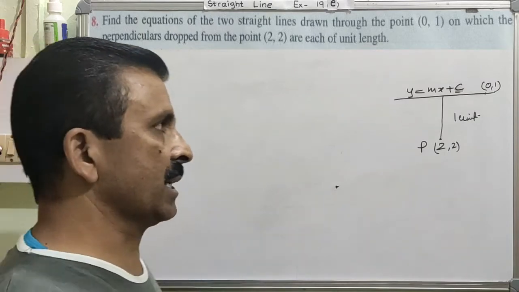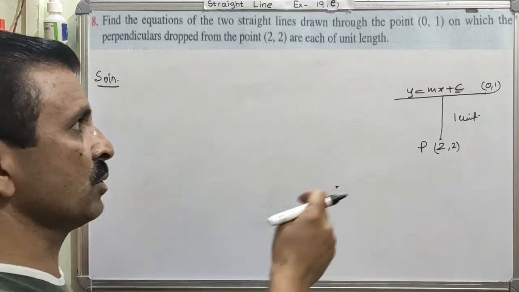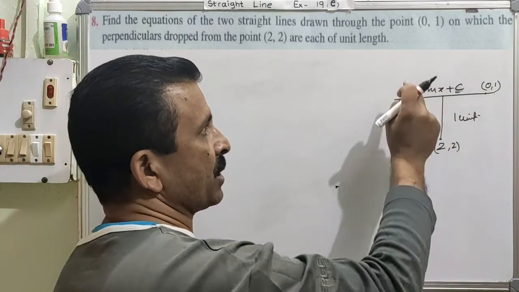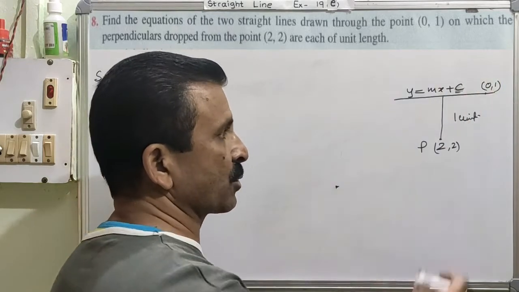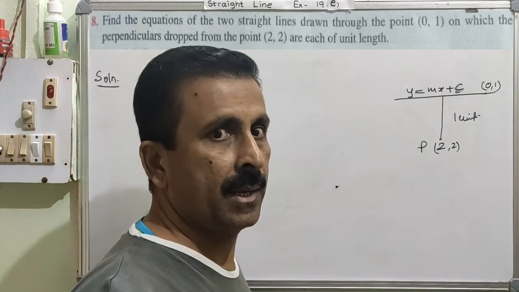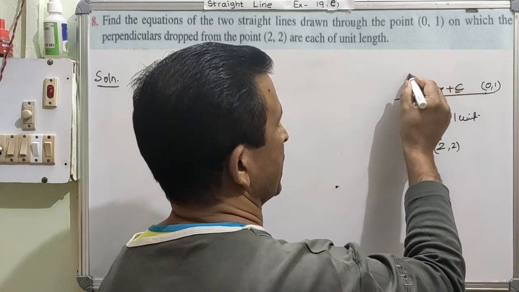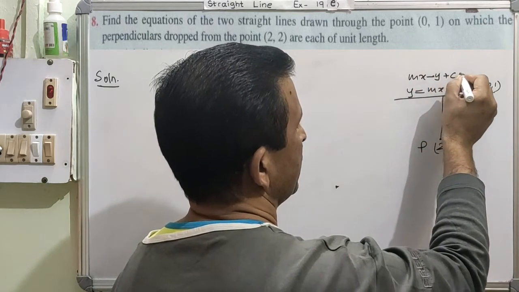This equation I wrote in the slope and y-intercept form. But when you use this equation and the coordinates of the point, please remember that your equation has to be always in the general form. That means all the terms have to be on one side. So if I rectify this equation, I can rewrite it as mx minus y plus c is equal to 0.